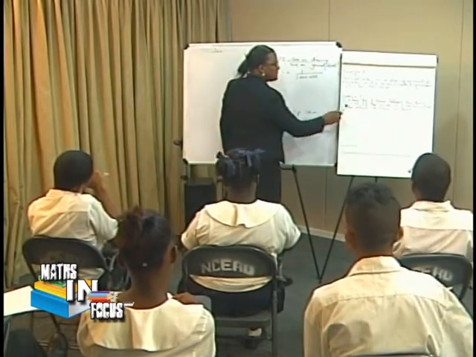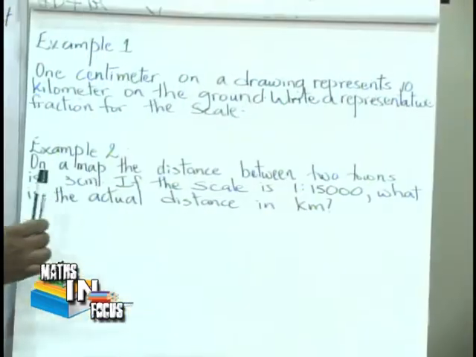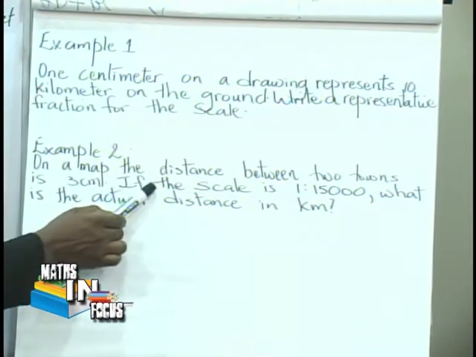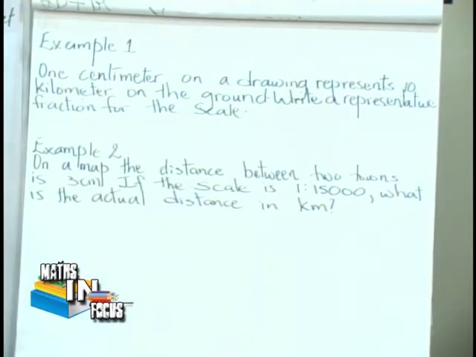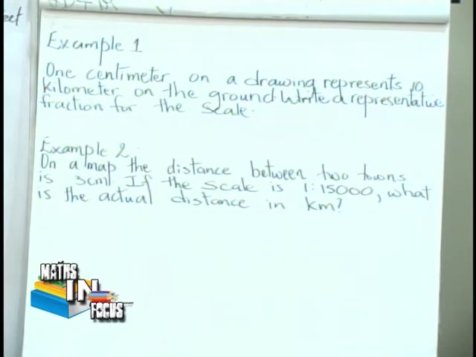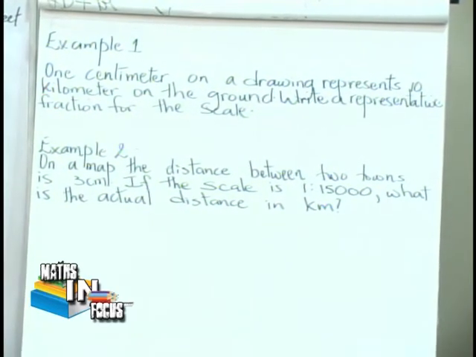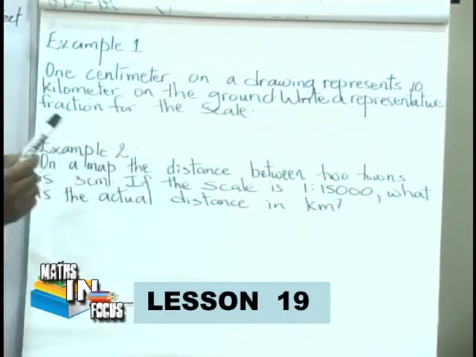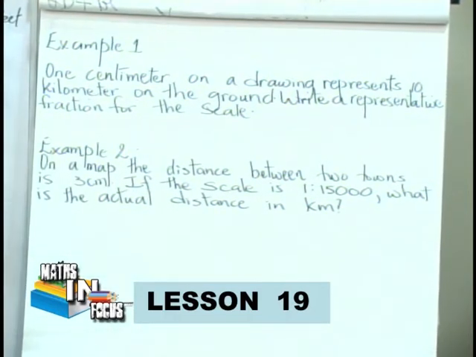On a map, the distance between two towns is 3 centimeters. If the scale is 1 to 15,000, what is the actual distance in kilometers? Let's go again. On a map, the distance between two towns is 3 cm.